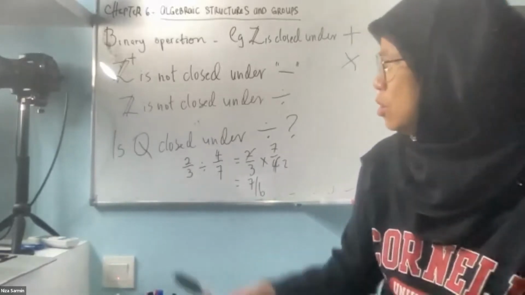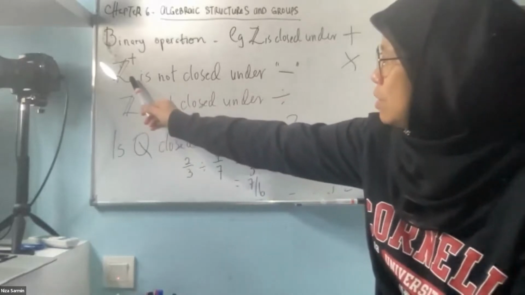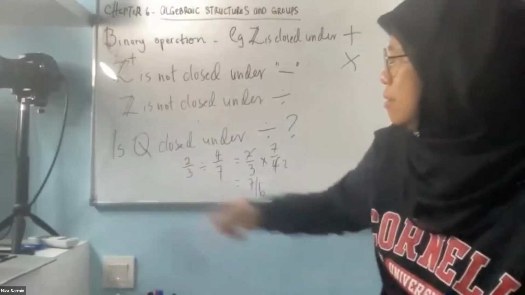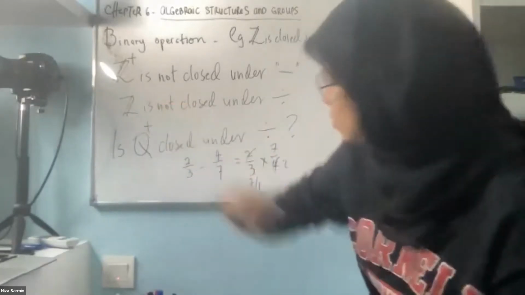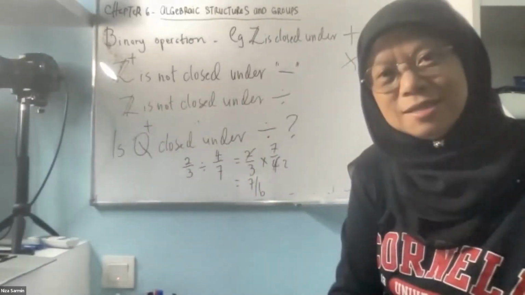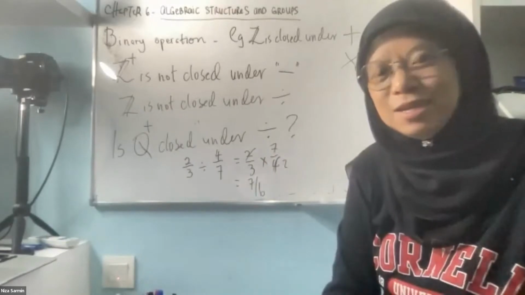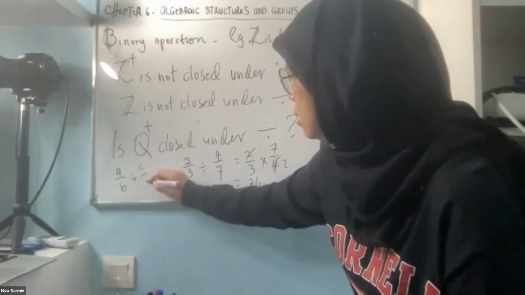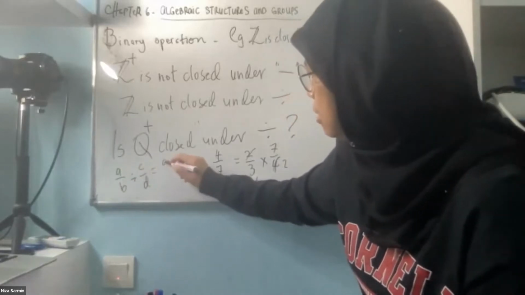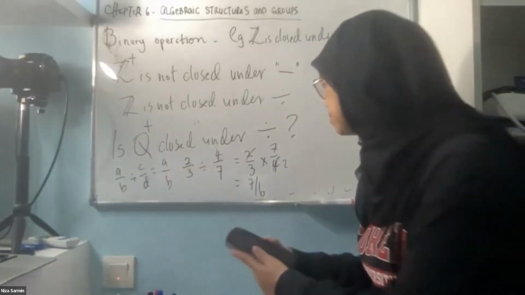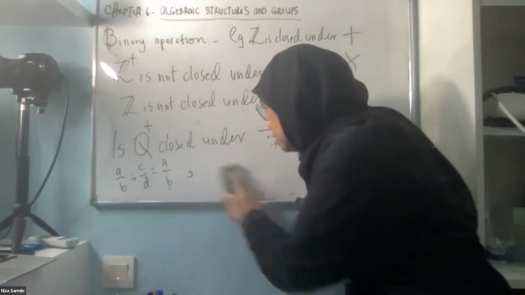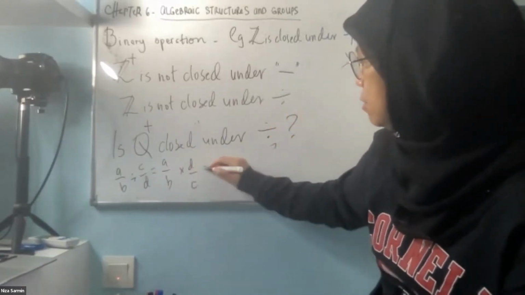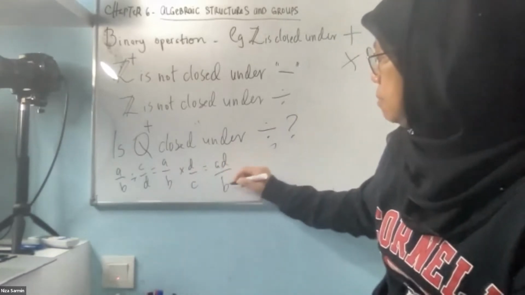Yeah. So if I ask you something about the plus, if I give you something like this, the answer would be yes, because 0 is not included. So you will say A/B divided by C/D is actually A/B times D/C, right? Which is AD/BC.